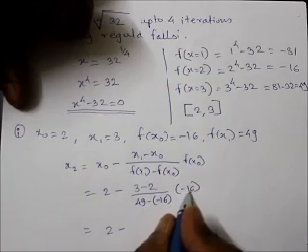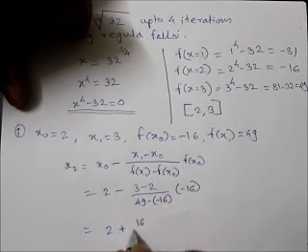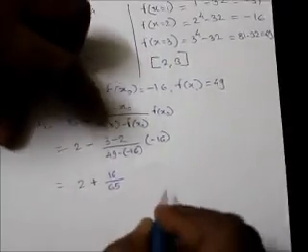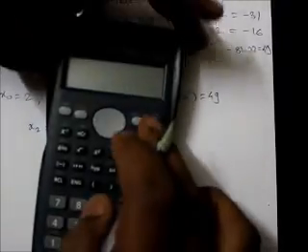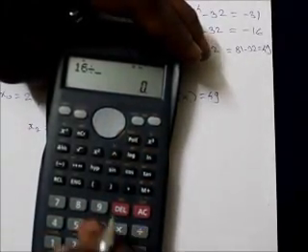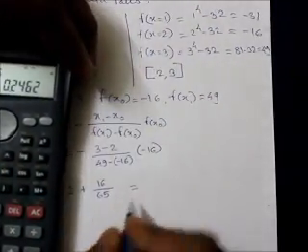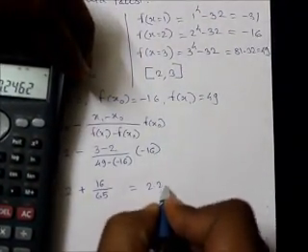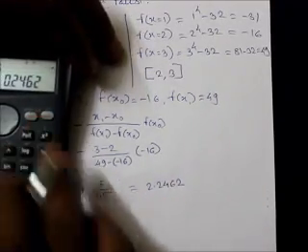Multiplied by minus 16, this becomes plus 16 divided by 65, that is 16 divided by 65. That's 0.2462 plus 2, so that's 2.2462.